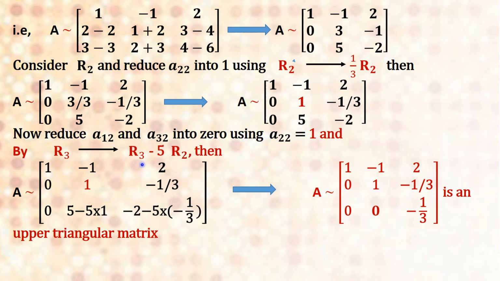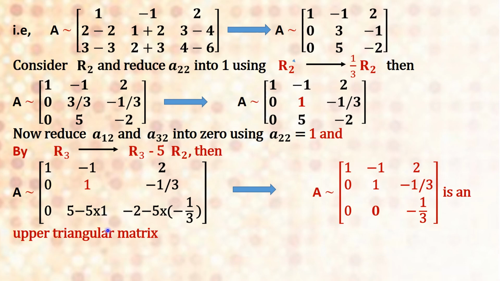Then the matrix will be equivalent to 1 minus 1 2, 0 1 minus 1 upon 3, 0 5 minus 5 into 1, minus 2 minus 5 into minus 1 upon 3, which on simplification you will get the matrix 1 minus 1 2, 0 1 minus 1 upon 3, 0 0 minus 1 upon 3.